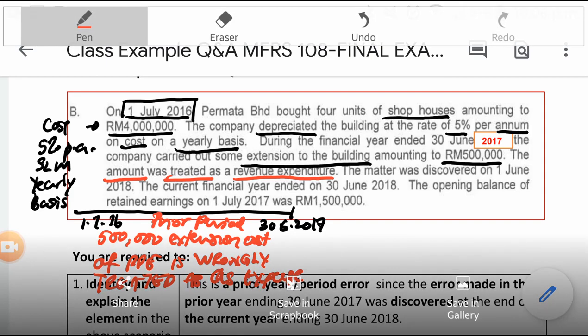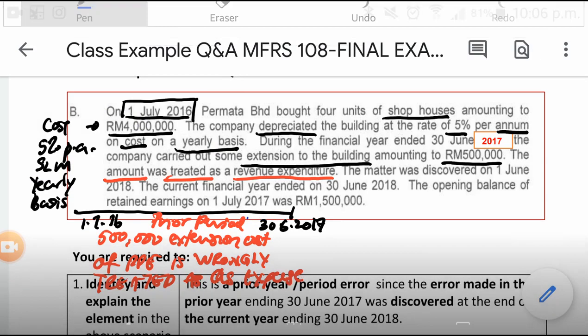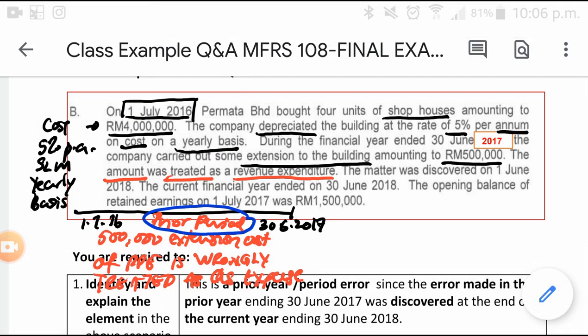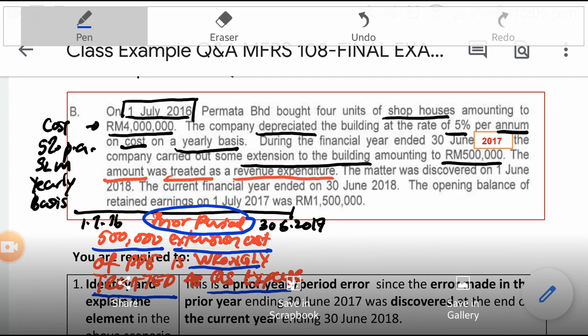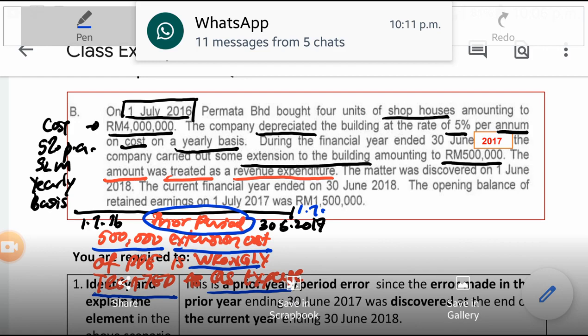The problem of having this wrongly recognized, or what happened in this prior period, where the 500,000 extension costs were wrongly treated as expense, was only discovered in the current year, which is on 1st of June 2018.